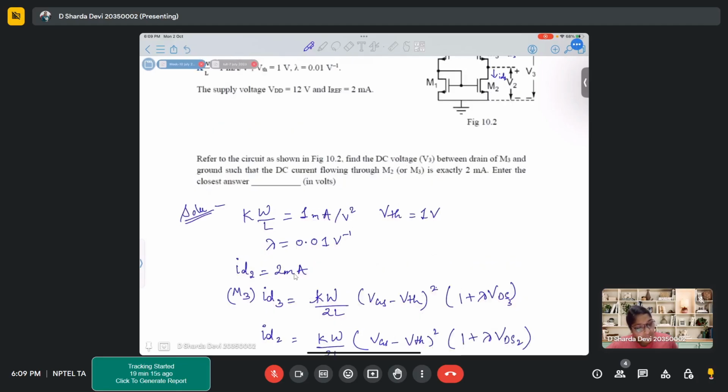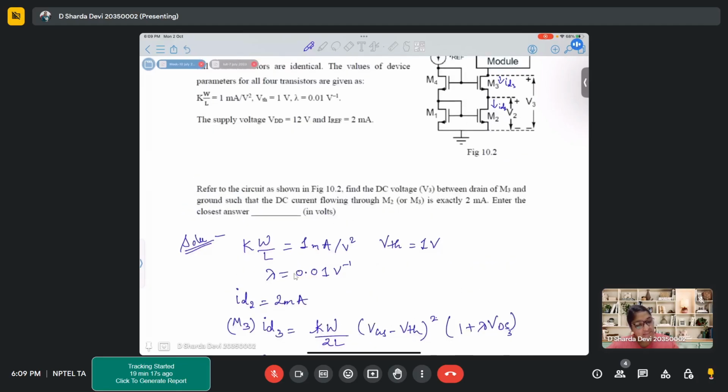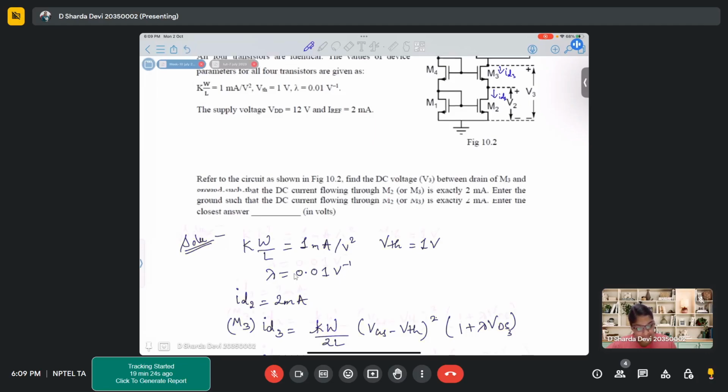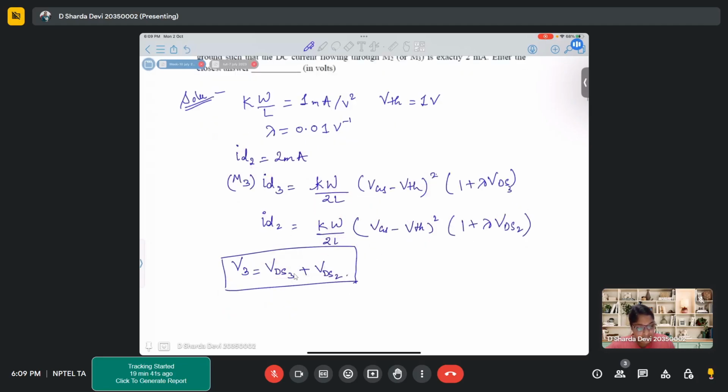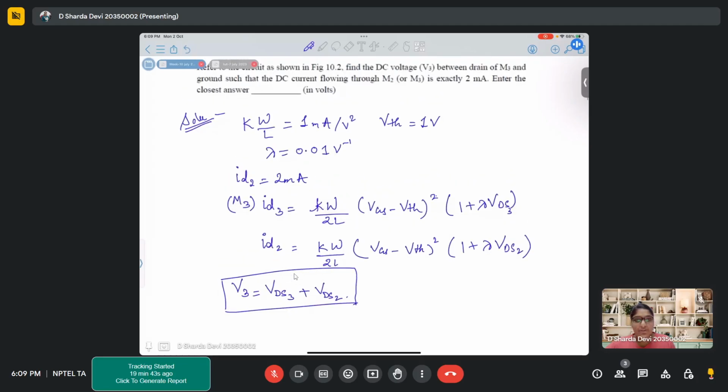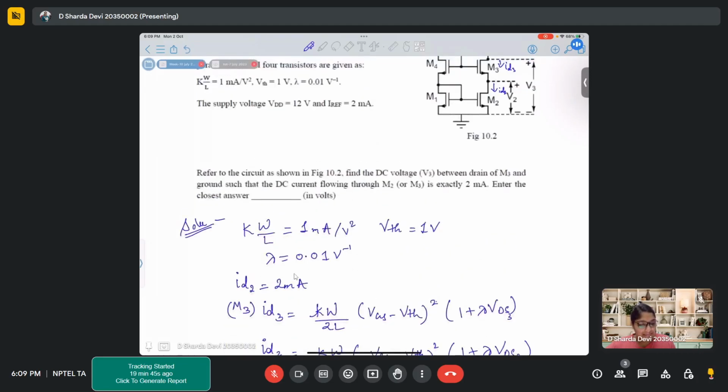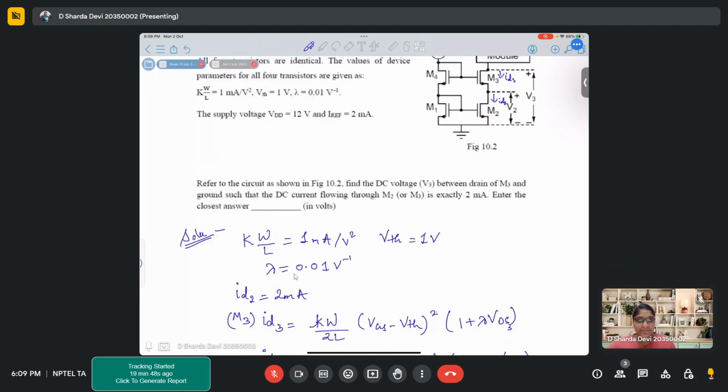Now here, if we observe very carefully, what is the voltage V3? V3 is actually VDS3 plus VDS2, correct? So if somehow we can find out the values of VDS2 and VDS3, we can simply substitute them and we'll get the value of V3.